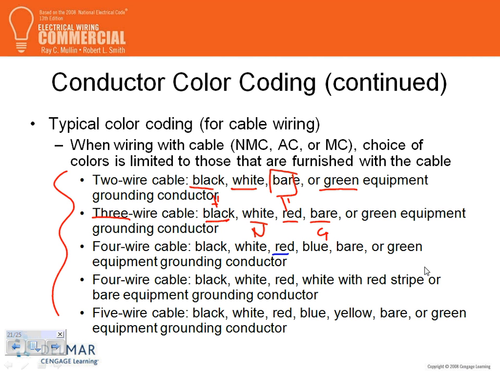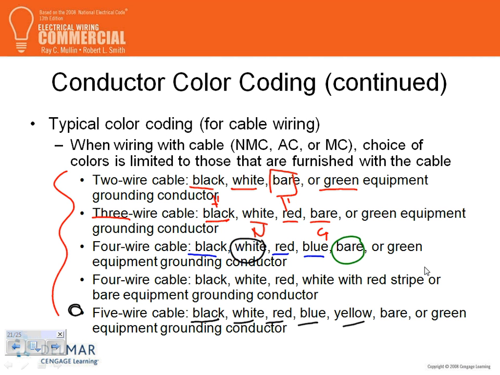You have your red, your blue, and your black, and you have your green for the ground, and your white for the neutral. Then for the five-conductor cable, you have a black, a white, a red, blue, and a yellow conductor with a green equipment ground conductor.